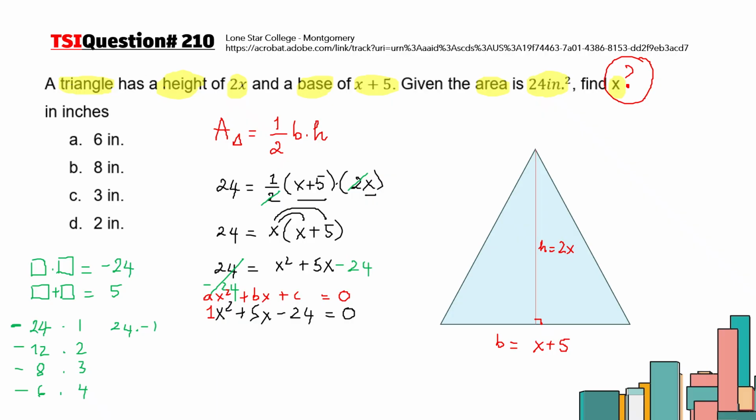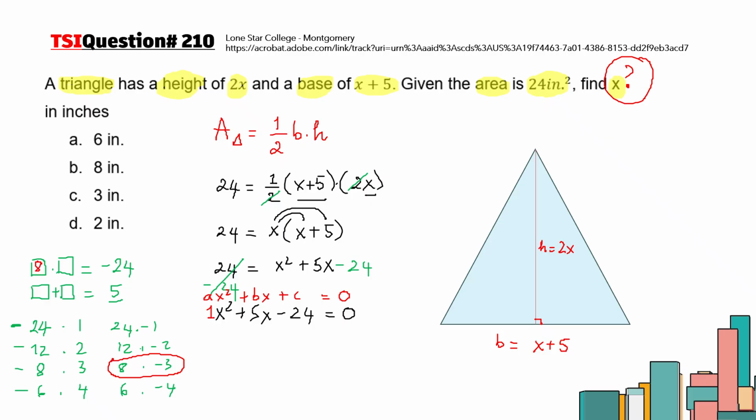Or we can have another way: 12 times negative 2. Then we may have positive 8 times negative 3. We can also have 6 times negative 4. So whatever pair, when you add them up, gives you 5, that will be the one we try to look for. So 8 and negative 3. 8 minus 3 is 5.